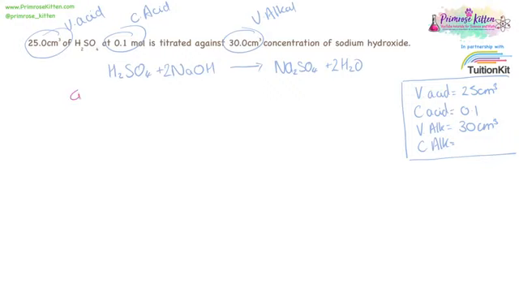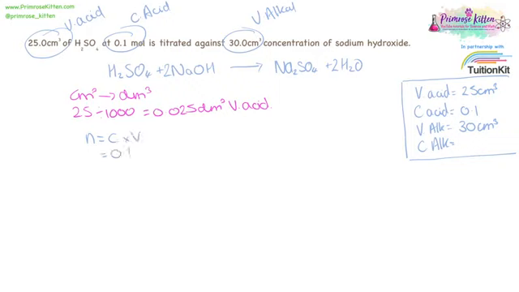We now need to turn our centimetres cubed into decimeters cubed. So we do 25 divided by 1,000, which gives us 0.025 decimeters cubed as our volume acid. We can now use n equals concentration times volume.